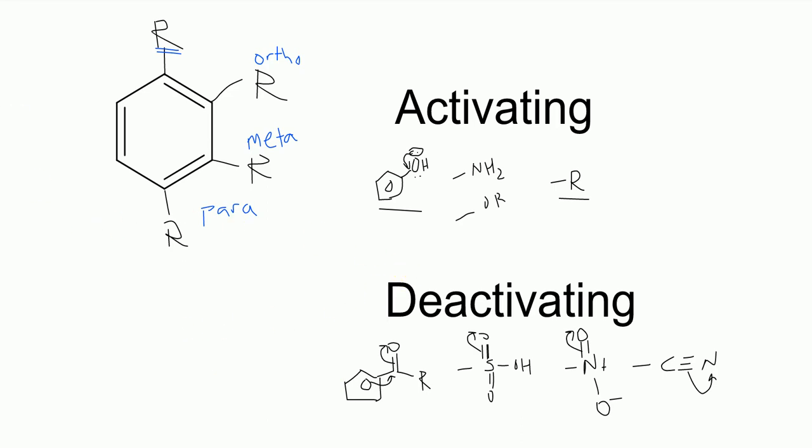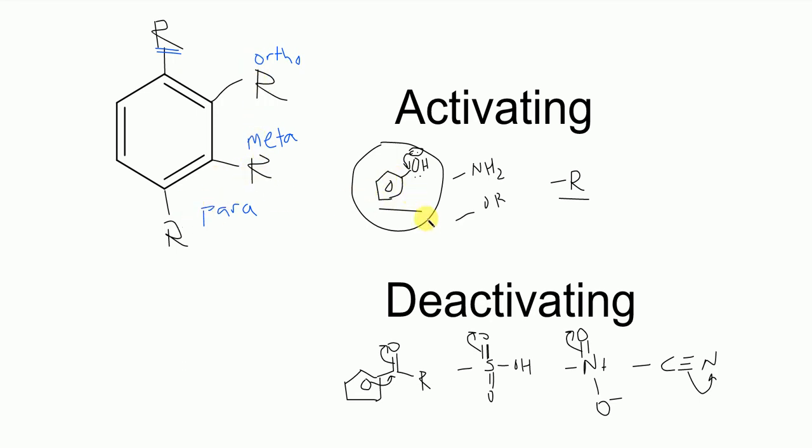Now let's discuss how these groups will relatively direct the addition of other groups. If I'm having this ring right here, and I'm reacting it with a particular reaction, it's going to direct the location relative to it where the reagent is going to add.